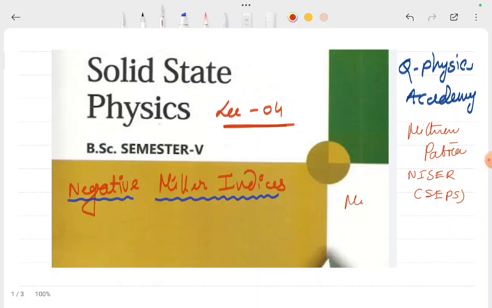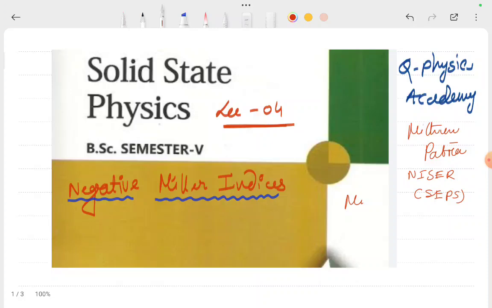In previous lectures, we have discussed a very important topic, the interplanar spacing of simple cubic, body centered cubic, and face centered cubic crystals. In this lecture, we will discuss another important topic: negative Miller indices.